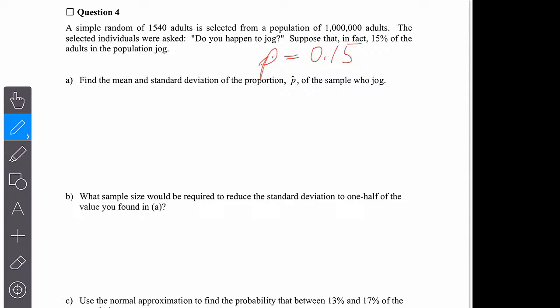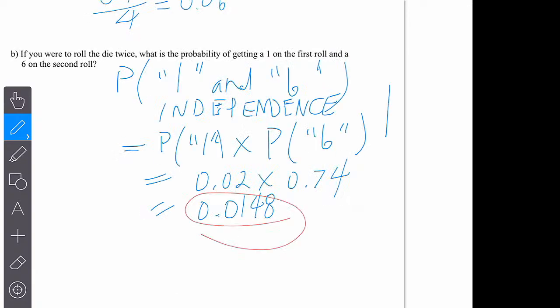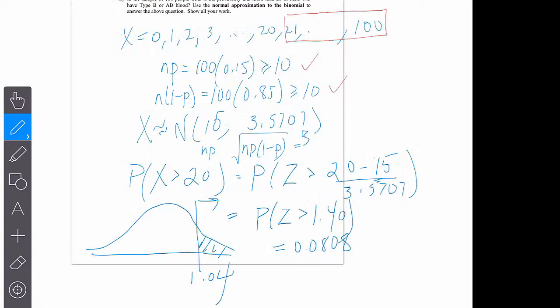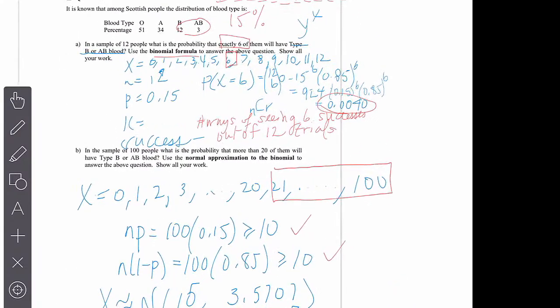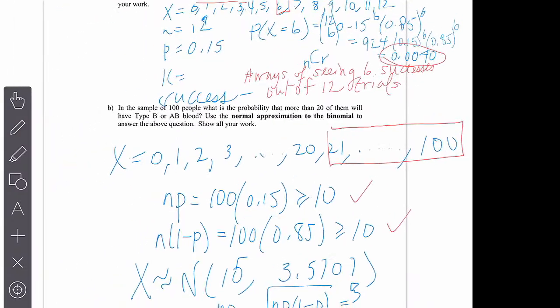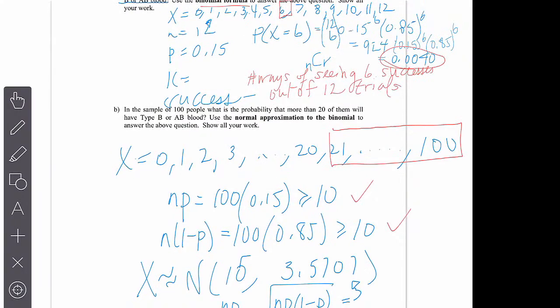So what do we do? So whereas in the other problem, what we talked about was the... So in this problem, I use the binomial approximation on the number of people being more than 20.